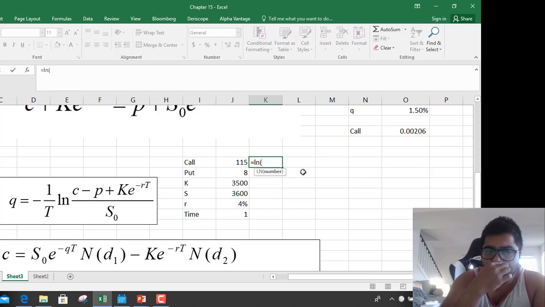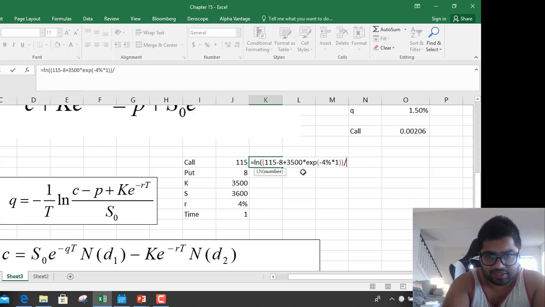Natural log. Okay. C, that is call option, 115 minus P. P is 8. Okay, plus K 3500 times exponential minus 4% into T divided by S0.